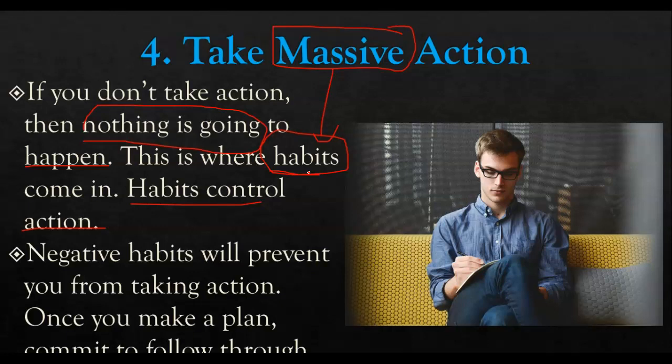Write down your goals, write down your key actions for the day. You go to the shop, you know what to do. From 9 o'clock to 12 noon, you know what to do. From 12 noon to 3 p.m., you know what to do. From 3 p.m. to 6 p.m., you know what to do. So these are habits.